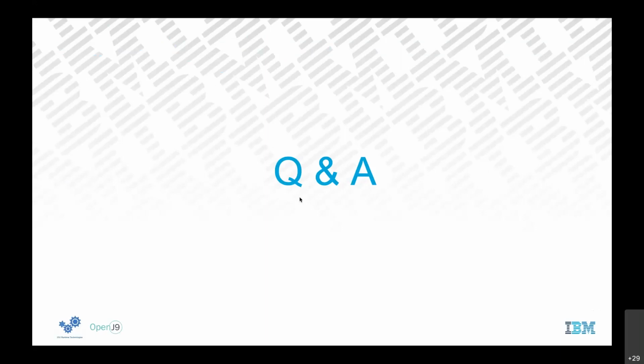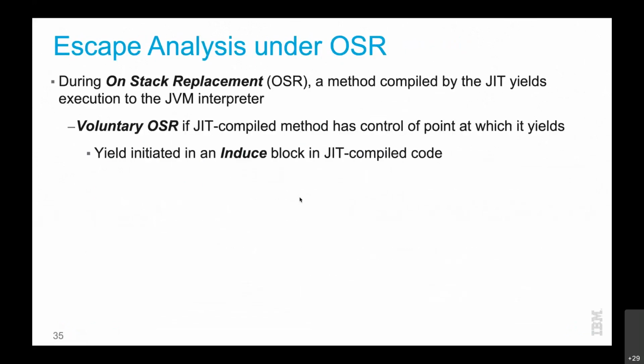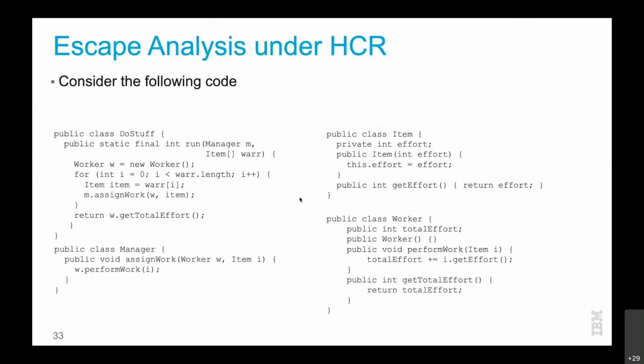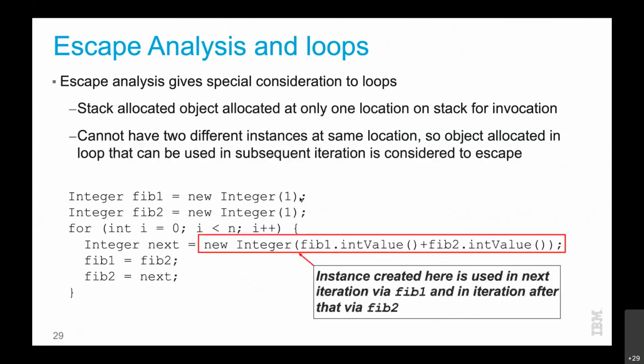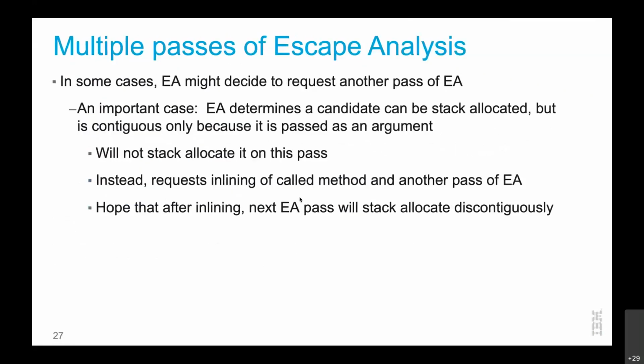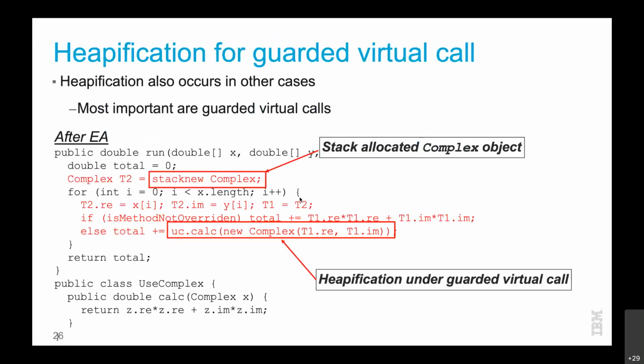For instance, in slide 25, we give an example where 99.9% of the time we would take a path, and 0.1% of the time we would throw an exception, and we could stack allocate that object, and in case we throw an exception, we could just heapify that object. So my question is, does escape analysis use any branch prediction information, or is that even possible?